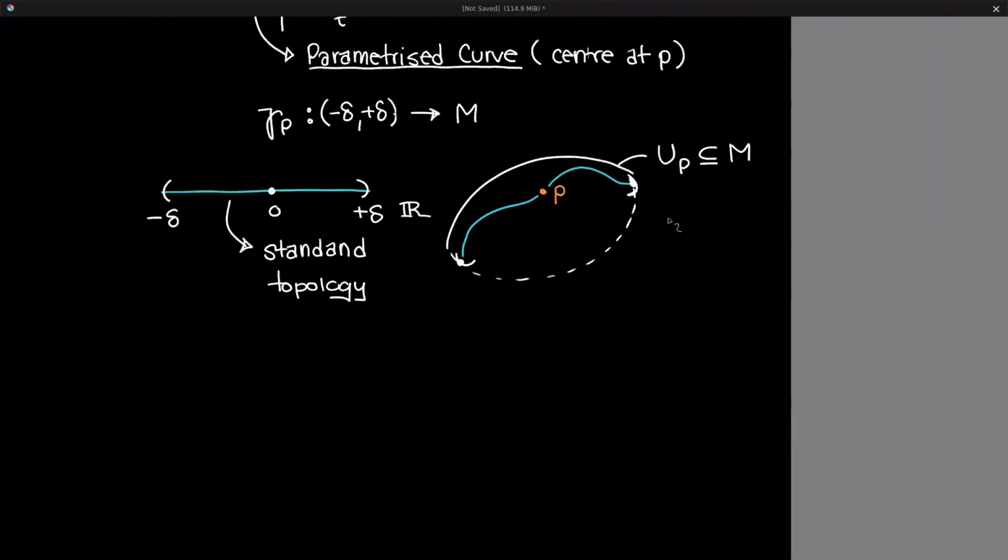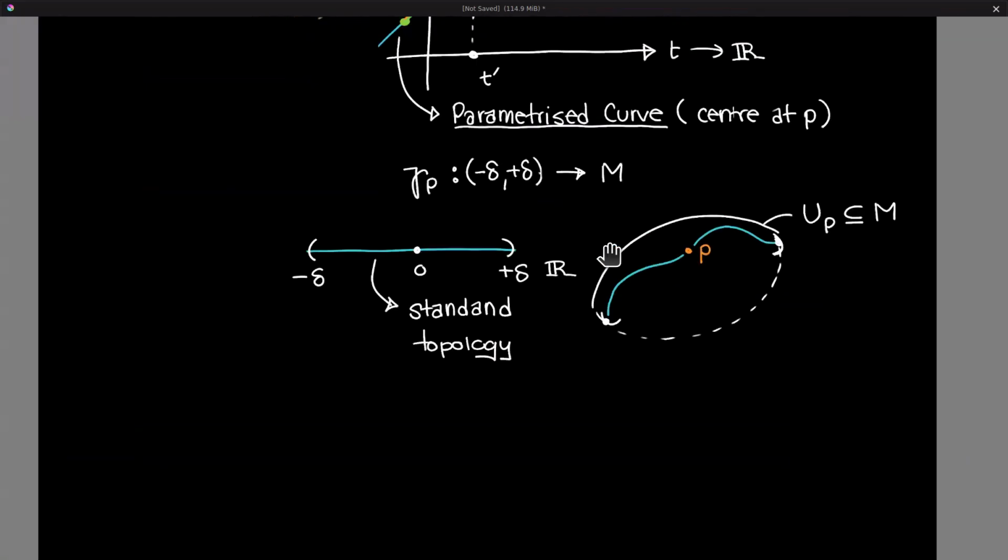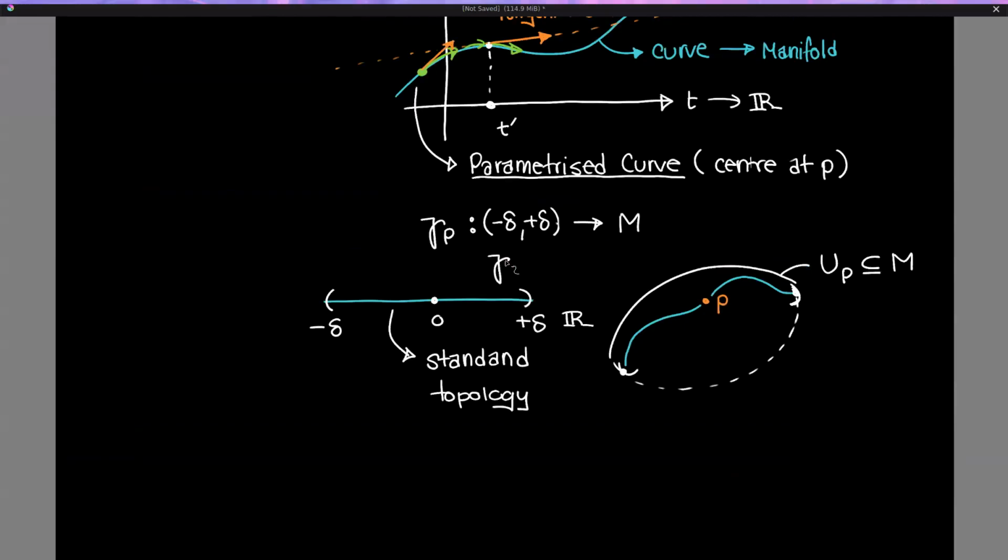Okay. And one condition, which is the reason why I called it gamma p, and why it's called centered at p, is that gamma p of 0, the point at the center of the curve, should map to the point p. In fact, let's color code that.